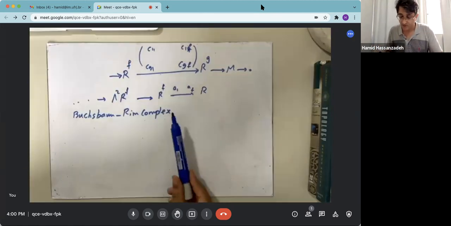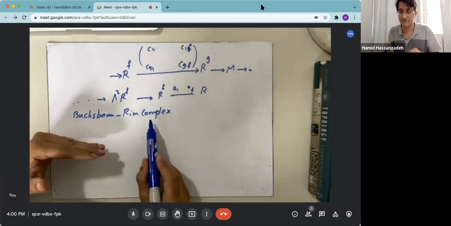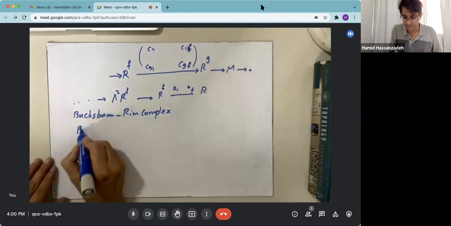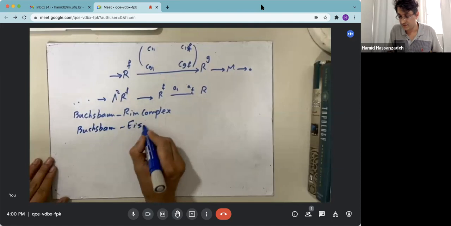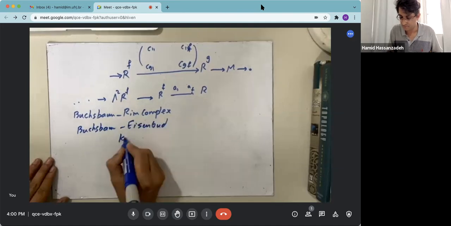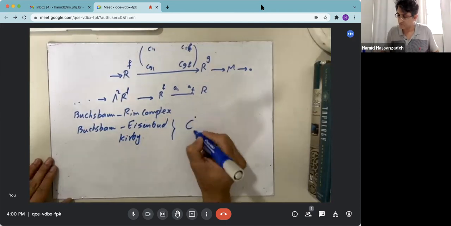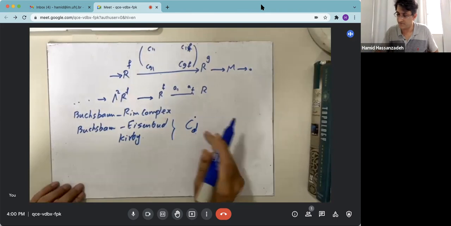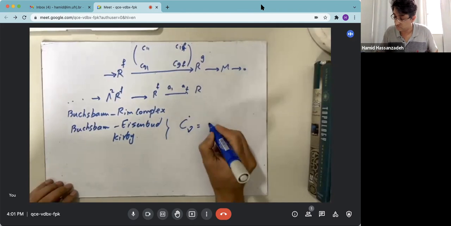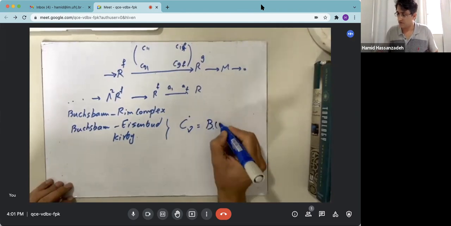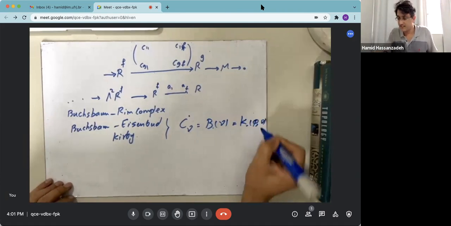So the point was that these two ideas of Eagon-Northcott and Buchsbaum-Rim were unified by Buchsbaum and Eisenbud, and independently by Kirby in the 80s. So they introduced a family of complexes, for any index v. There are many names for this complex, like C^v, or K^v.